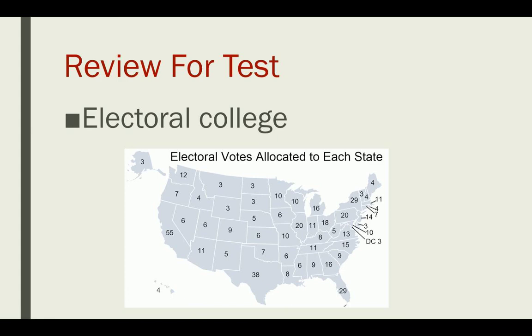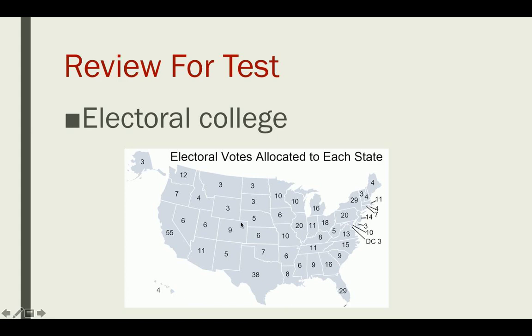In the Electoral College, we see people's popular vote being cast. That popular vote in each state is tallied. Whatever candidate wins the popular vote in each state gets all of the electors.